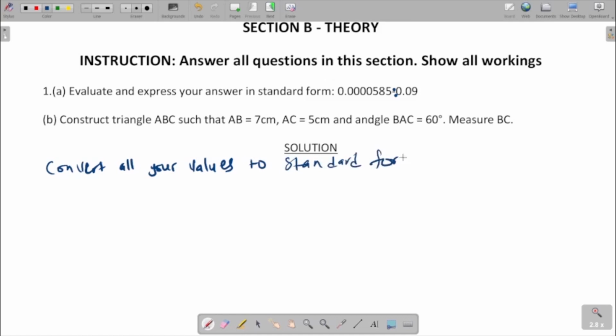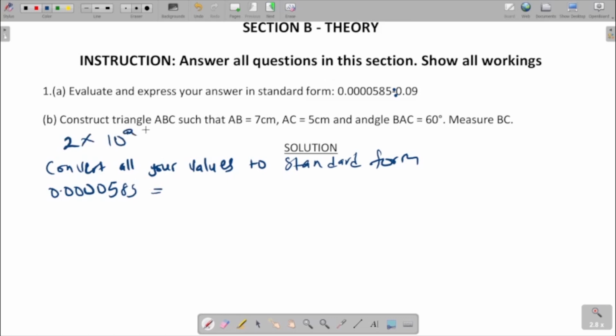Standard form. If you have 0.0000585 and you are converting this to standard form, it is the form where we have, maybe, 2 times 10 raised to the power something.